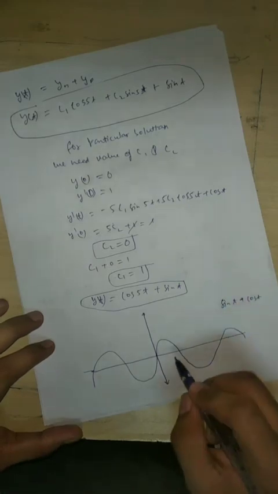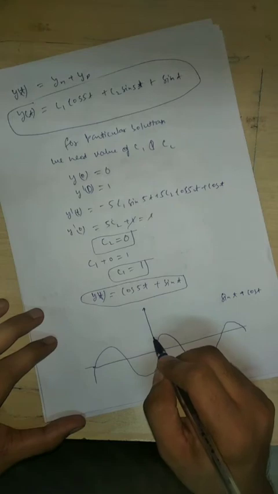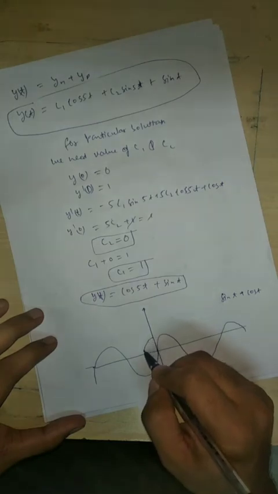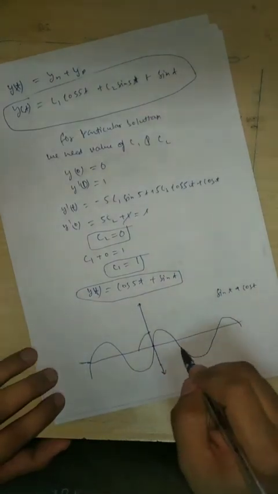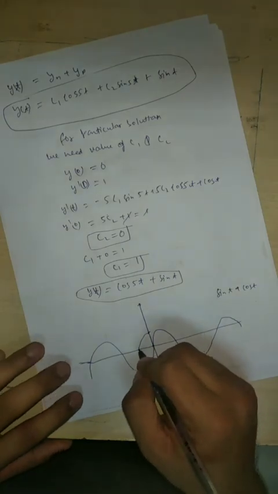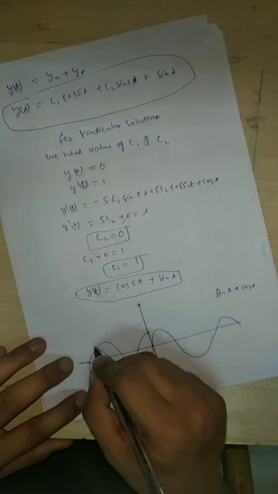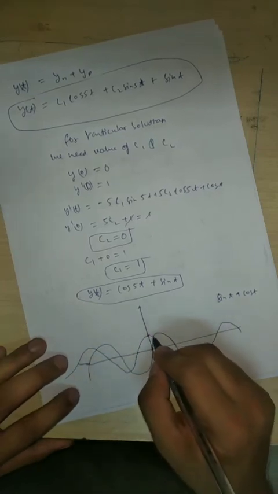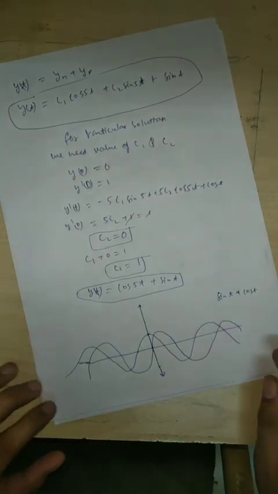So this is the graph of sin t, and now we'll make the cos graph on it. Basically we have to combine both graphs, and this is the basic graph of sin t plus cos t.